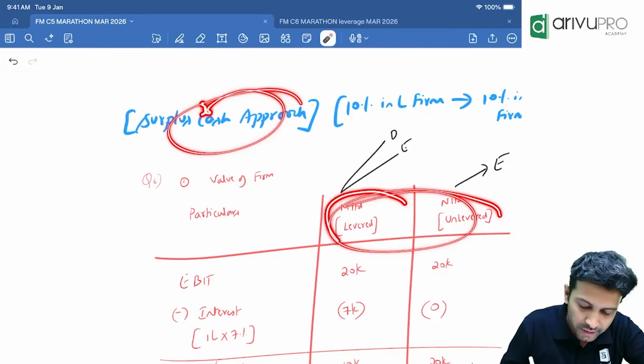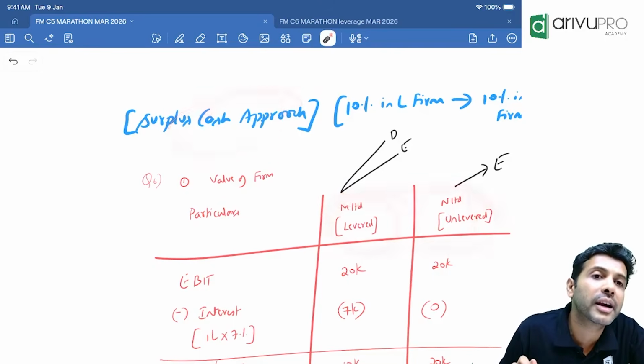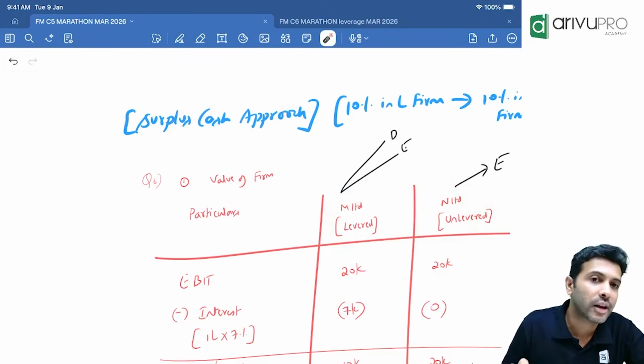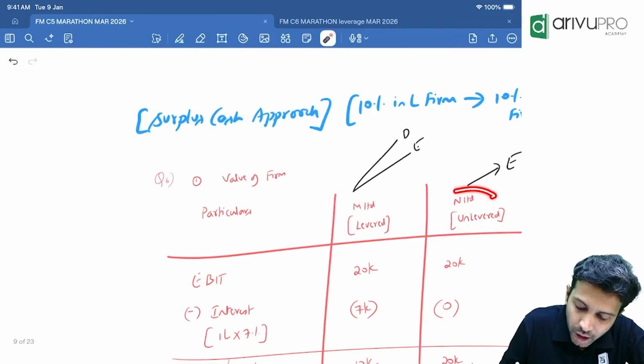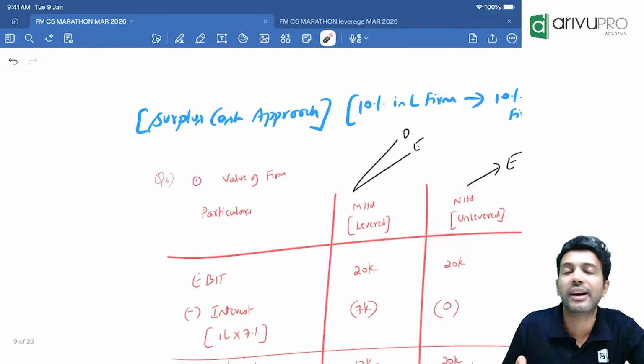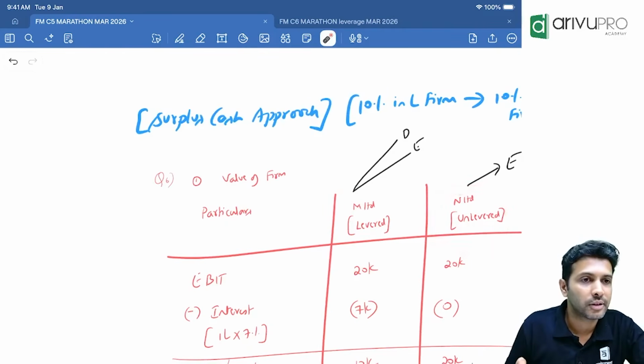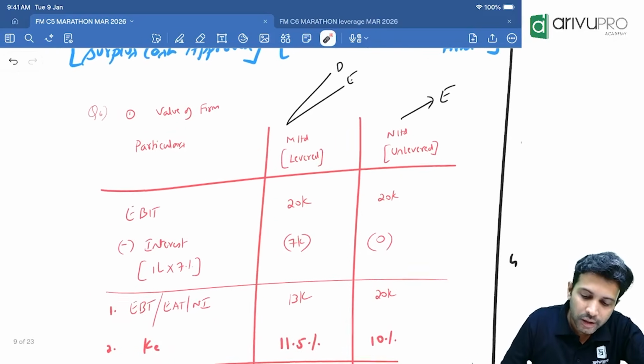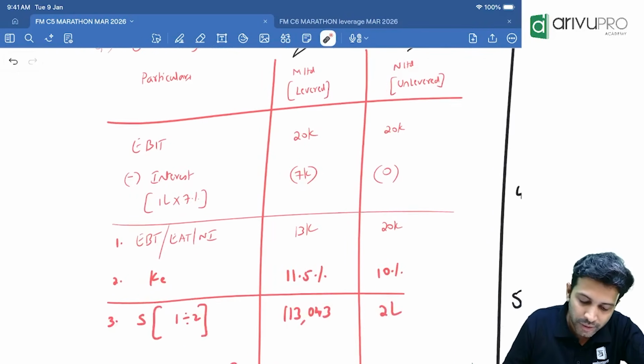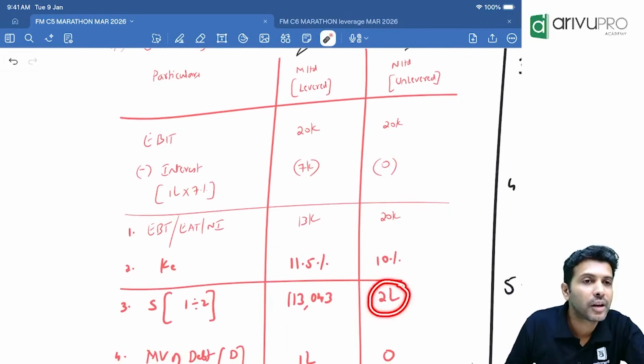If the investor was holding 10% here, now also he will continue to hold 10%. Correct? So the investor will buy 10% equity shares in N Limited. Okay. Now people, the market value of equity of the unlevered firm is 2 lakh. Is this 2 lakh for 1%, 10%, or the whole company? The whole company, which means 100%.